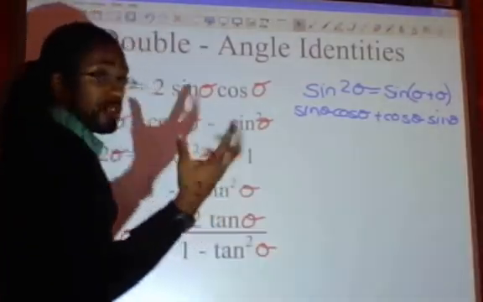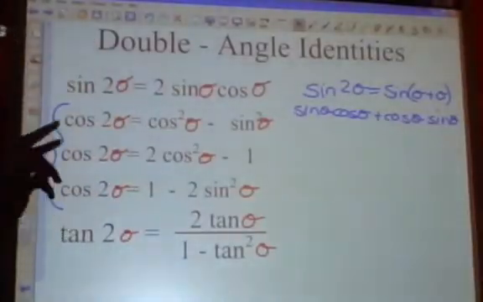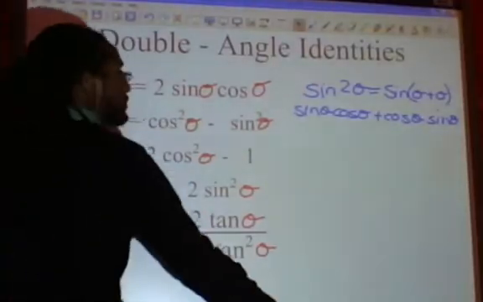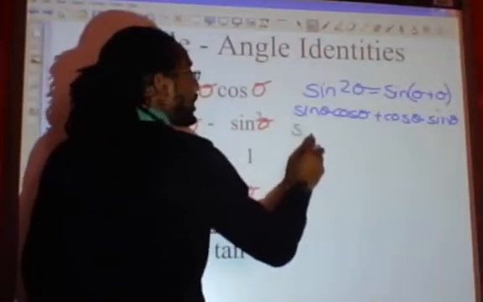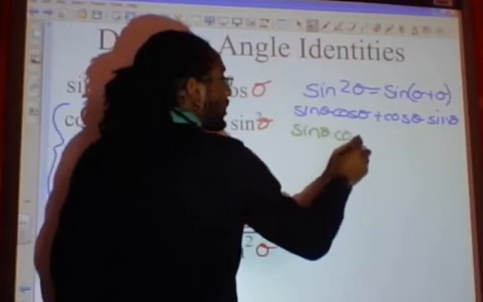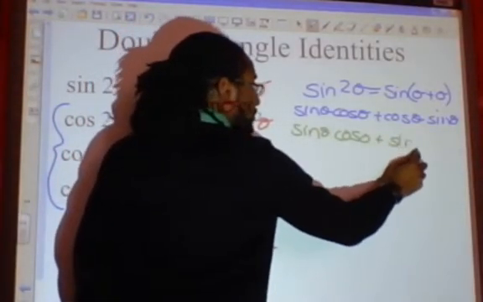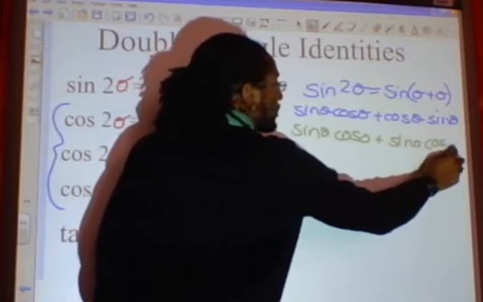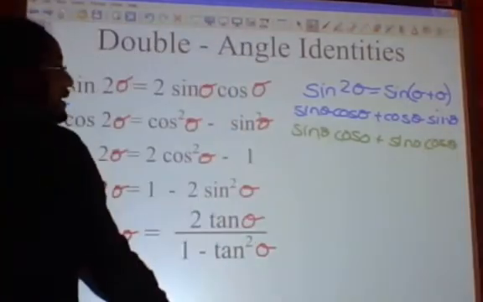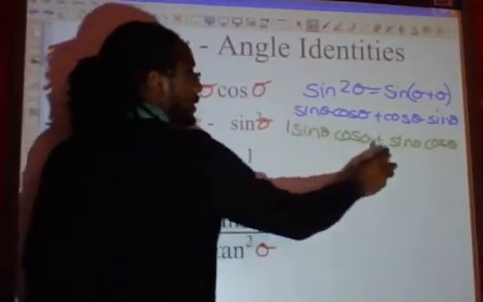Now, with that being said, we know that multiplication is commutative, so we can actually switch those around. So we can have sine theta cosine theta, plus, we can switch those, sine theta cosine theta. And it's understood as ones in front of here.